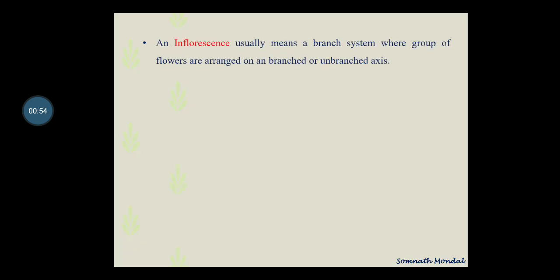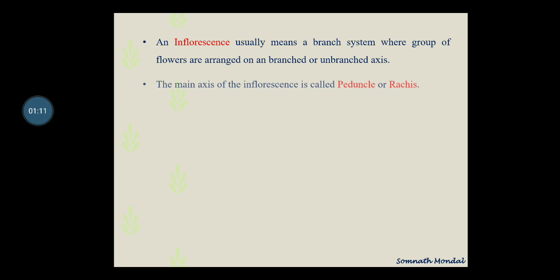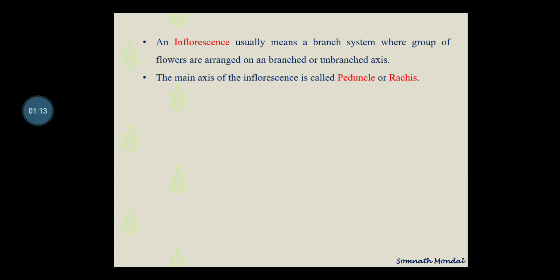First of all, what is an inflorescence? An inflorescence usually means a branch system where group of flowers are arranged on a branched or unbranched axis. Now the main axis of the inflorescence is called peduncle or rachis, and this is the peduncle.